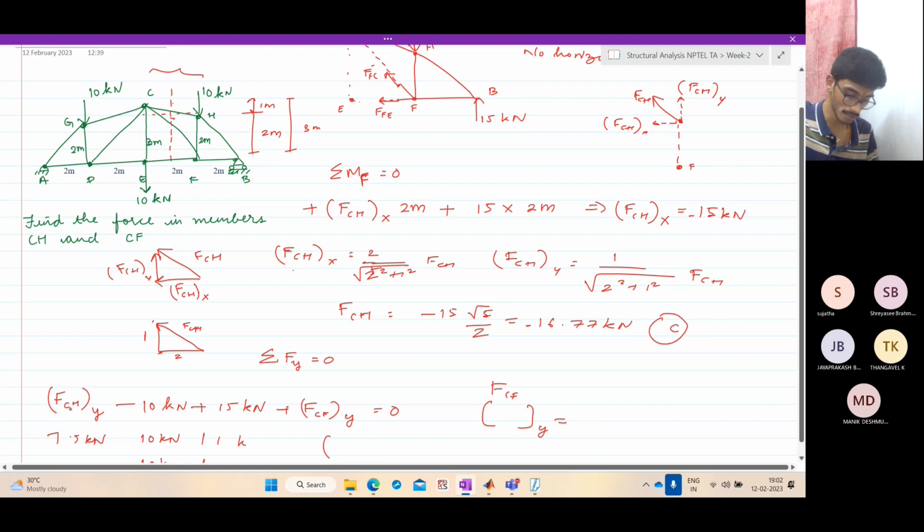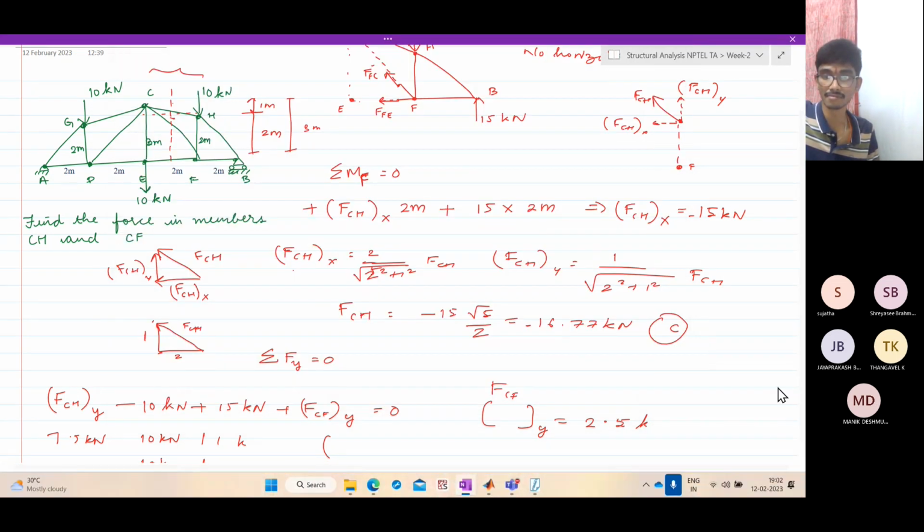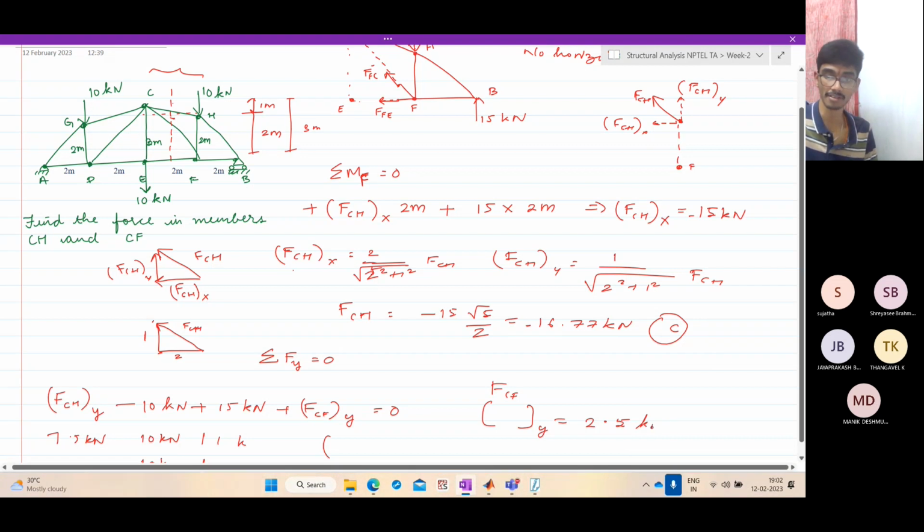This is minus, right? Because FCH is negative. So minus 17.5, 2.5. You'll get it as 2.5 kilonewtons.